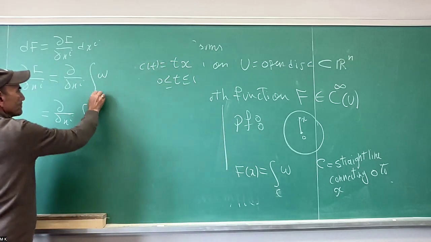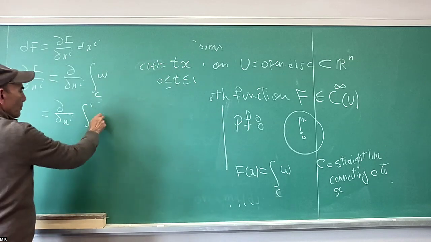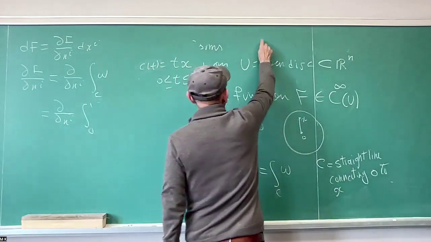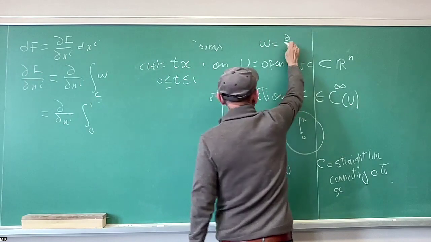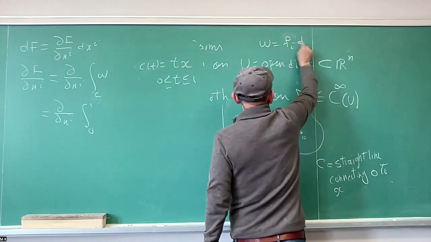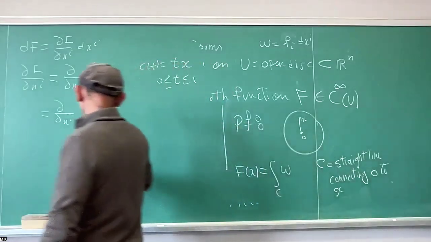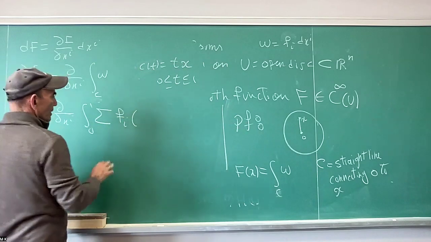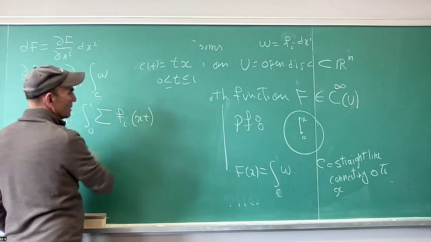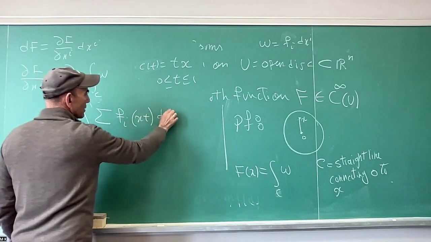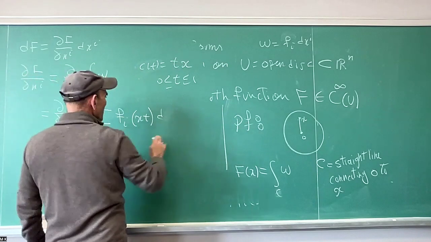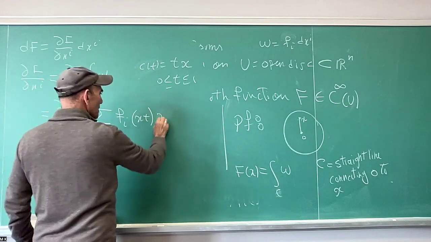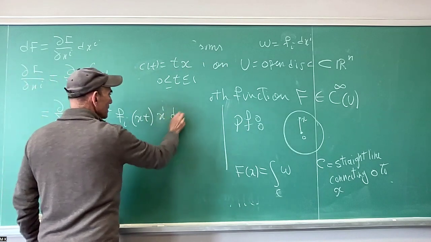So this becomes integral 0 to 1. Now omega, what was omega? Omega was sum fi dxi, right? So this is equal to sum fi of xt dxi. But we know what dxi is: dxi is xi dt, sorry.